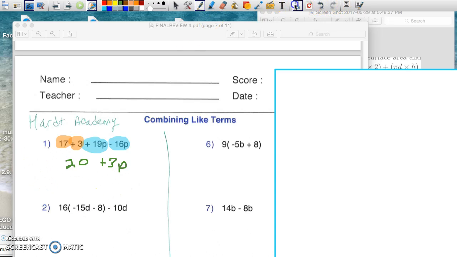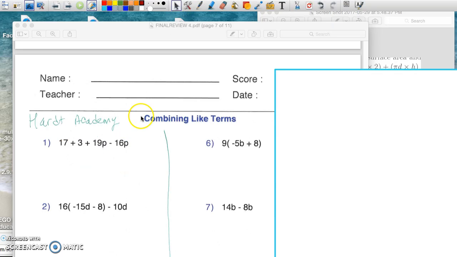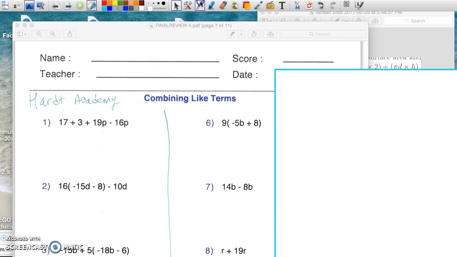Watch this. Okay, so remember, when you have a number outside the parentheses, you will distribute. You're going to multiply this 16 with a negative 15d, and the 16 also with a negative 8. So first thing you're going to do is multiply 16 times negative 15.